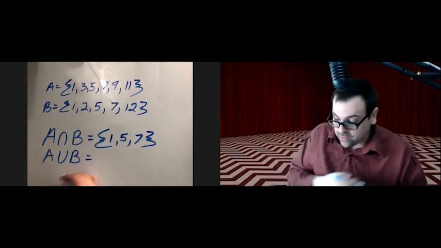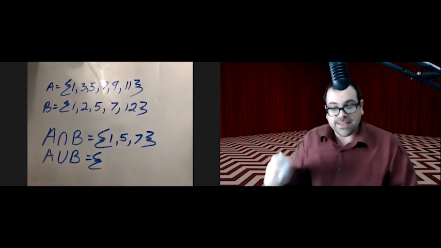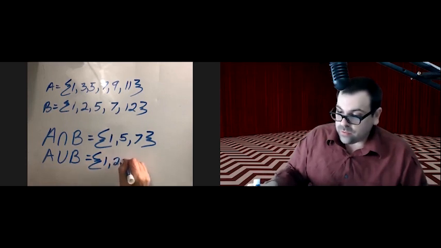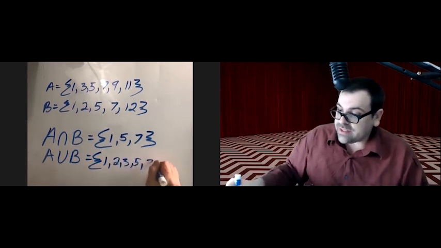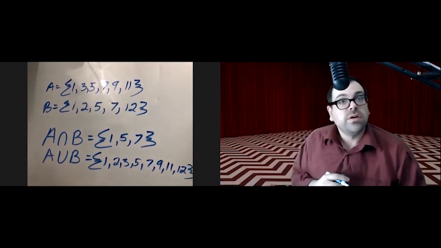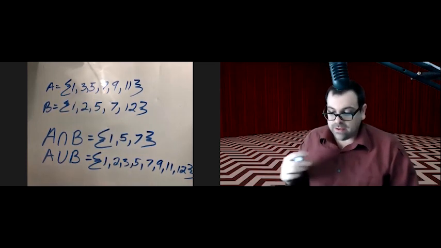The union. Union is everything. If it's in A, it's in there. If it's in B, it's in there. So 1, 2, 3, 5, 7, 9, 11, 12. Every element from A or B makes it in.